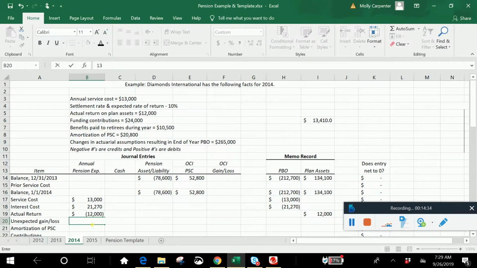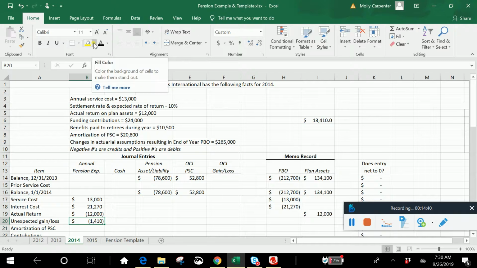Oops, I didn't mean to do that. Let me undo that for a second. $1,410. So the sum of these two is $13,410.